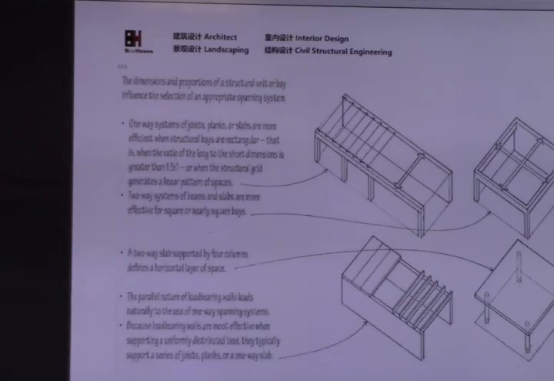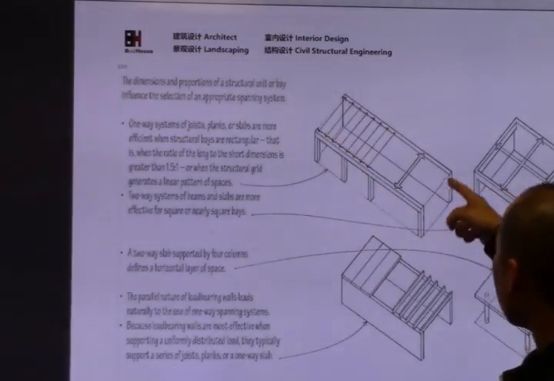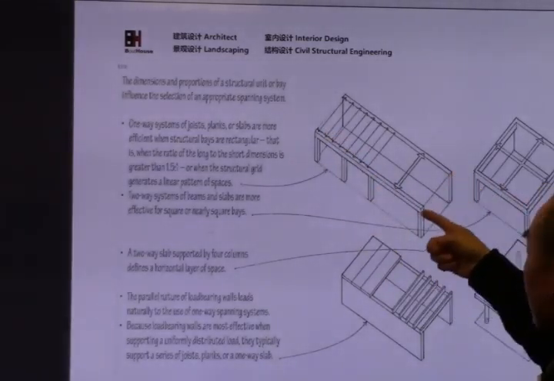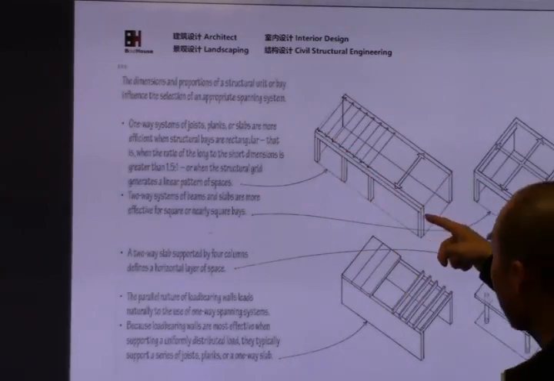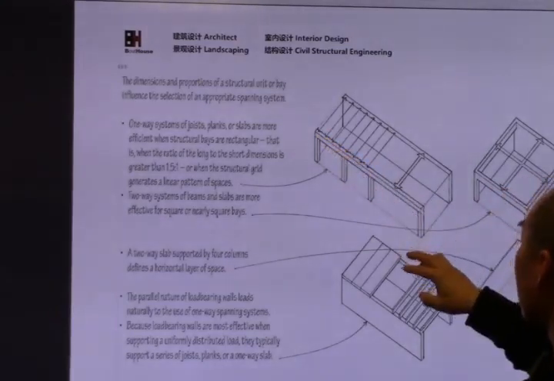How do you know the one way or two way? The simple way is the size. So this size and this size. For example, this size is 2 meters, and this size is 4 meters.